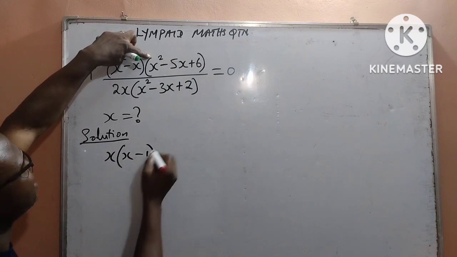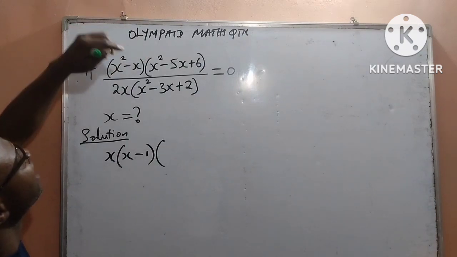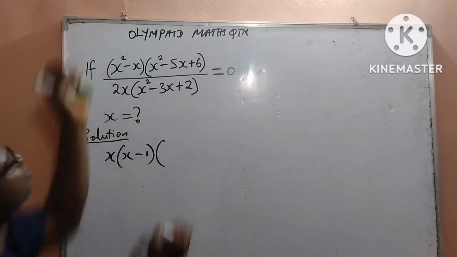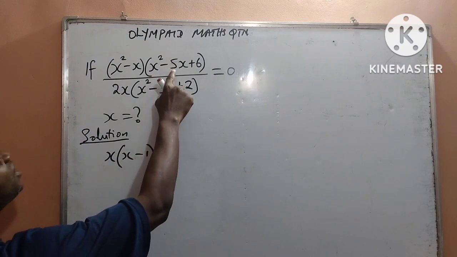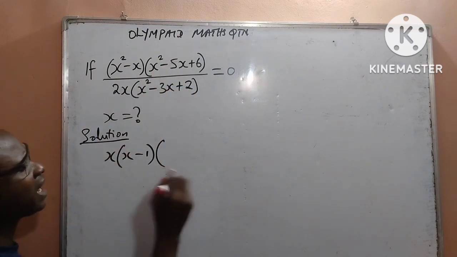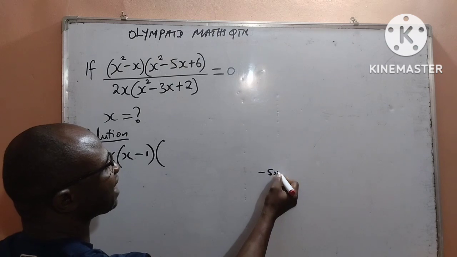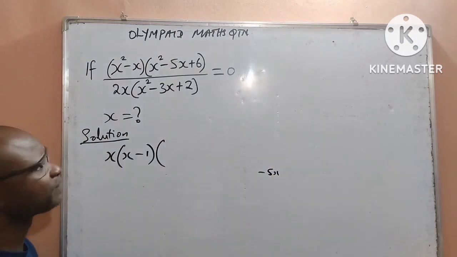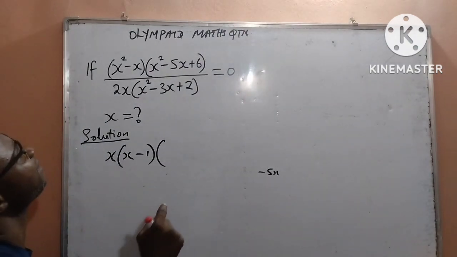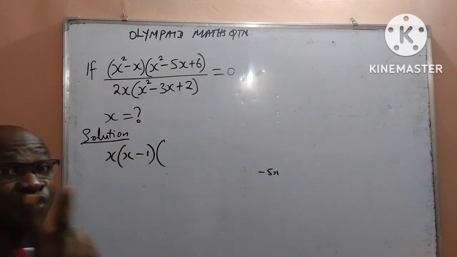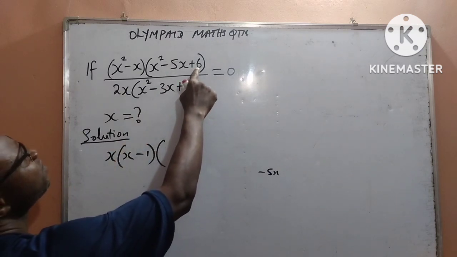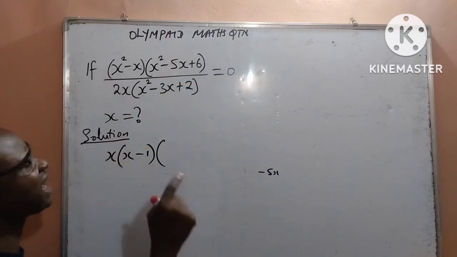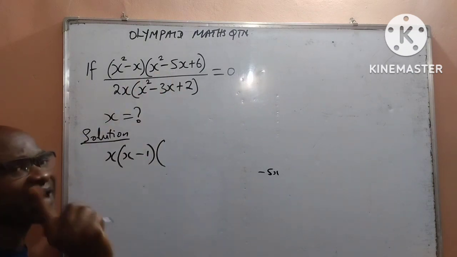Then, into the second bracket, I have minus 5x. I want to replace my minus 5x with two values. The way to go about it is, I look for two numbers I can multiply to get positive 6, such that when I add them, I get negative 5.